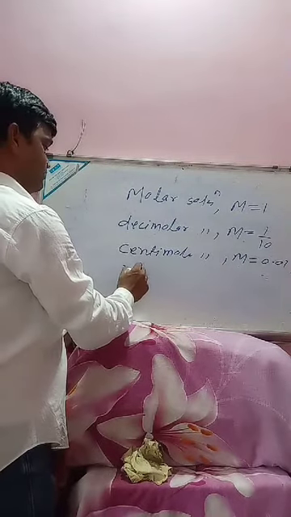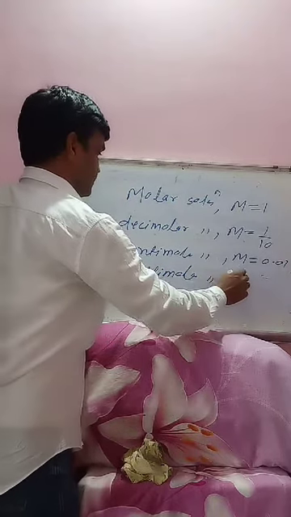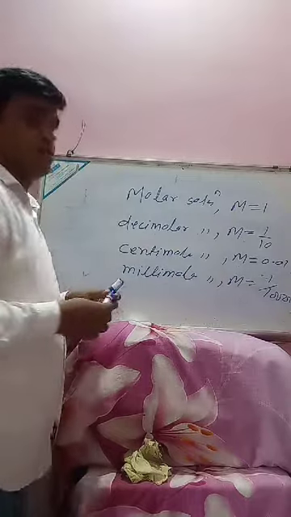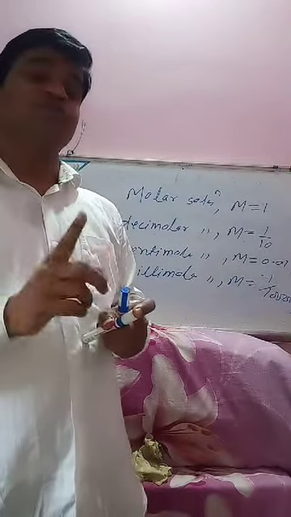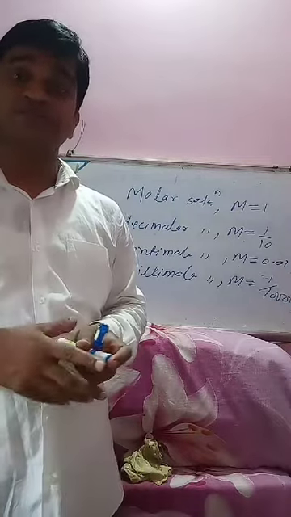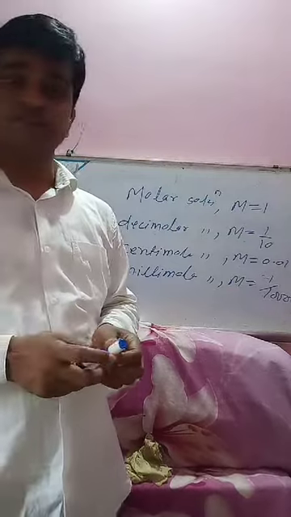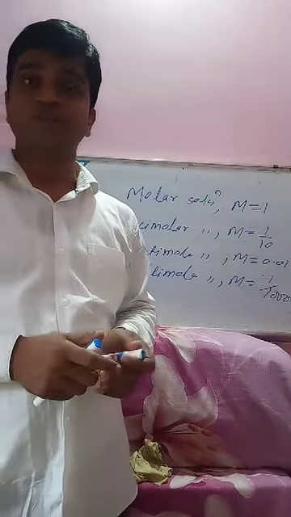In a millimolar solution, molarity is 1 by 1000. So if molarity is 1, it is called a molar solution. If molarity is 0.1, decimolar solution. If molarity is 1 by 100, centimolar solution. If molarity is 1 by 1000, that is called millimolar solution.